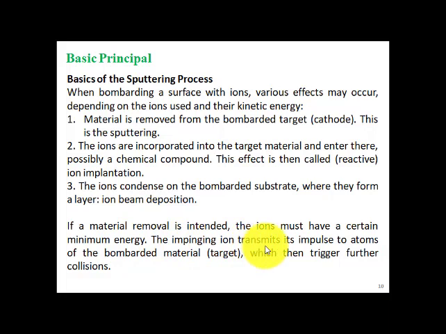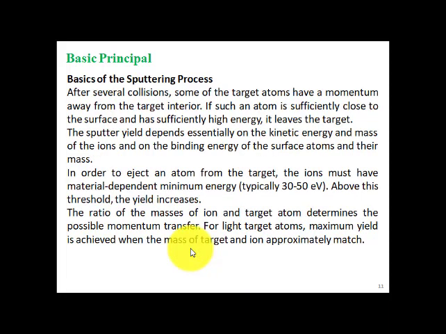The impinging ion transmits its impulse to atoms of the bombarded material, which is the target, which then trigger further collisions. After several collisions, some of the target atoms have a momentum away from the target interior. If such an atom is sufficiently close to the surface and has sufficiently high energy, it leaves the target material.